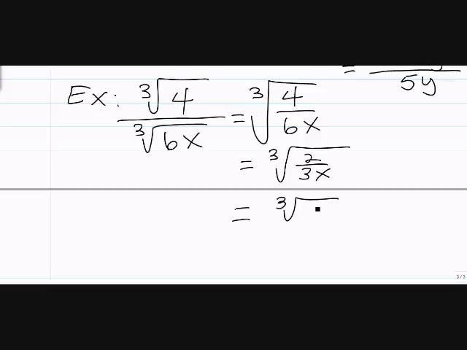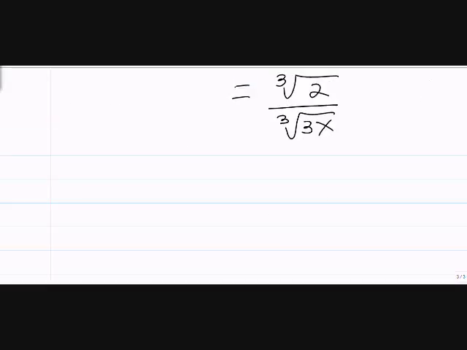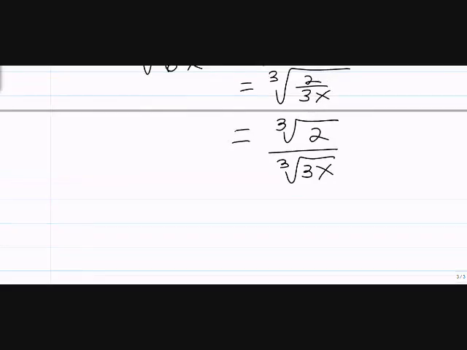This is the cube root of 2 over the cube root of 3x. Going to use the same trick again. I'm going to multiply by the cube root of 3x over the cube root of 3x. But that's not going to be enough.